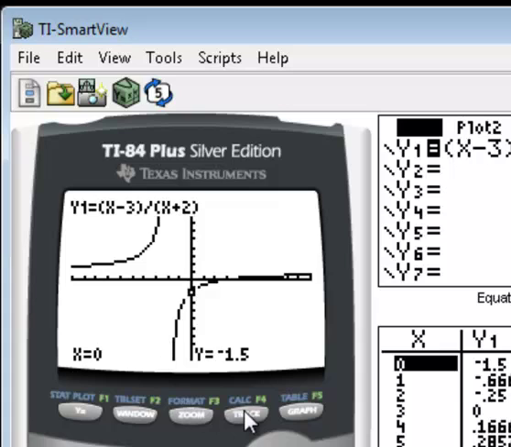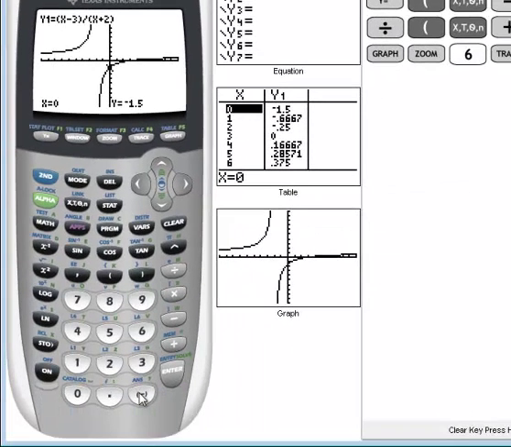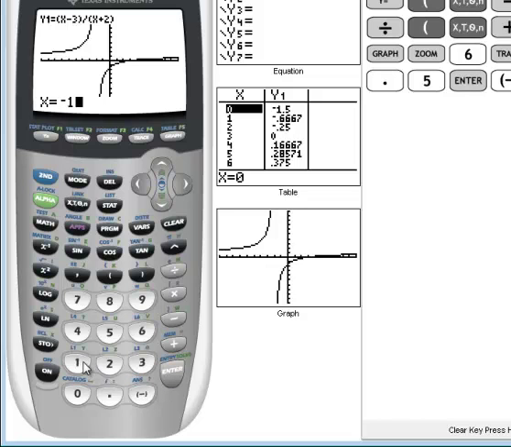For example, x equals negative 1.5, the value of y is negative 9. And for x equals negative 1.9, the value of y is negative 49. So the closer you get to x equals negative 2, the more negative the value of y.